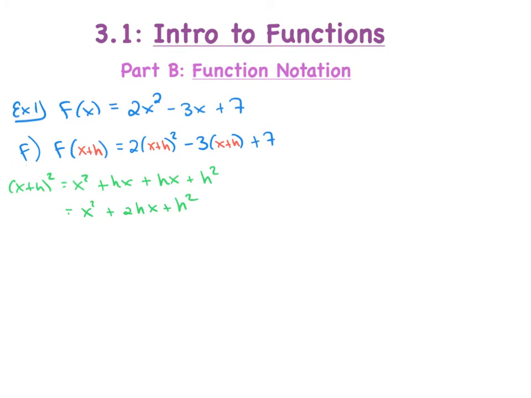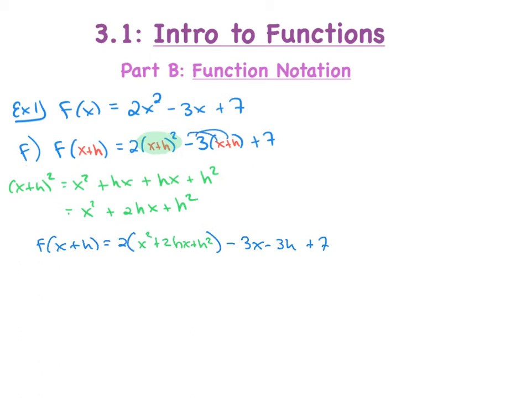So that again goes here. We'll distribute the 2 through. So f of x plus h is 2 times the quantity x squared plus 2hx plus h squared minus 3x minus 3h plus 7.